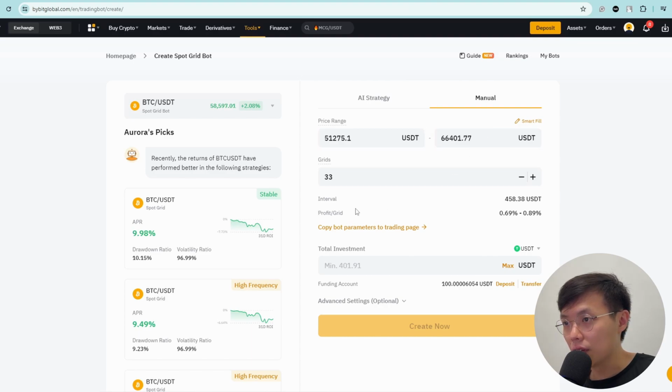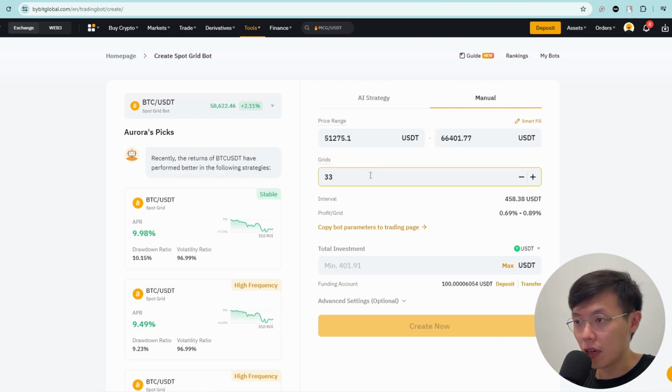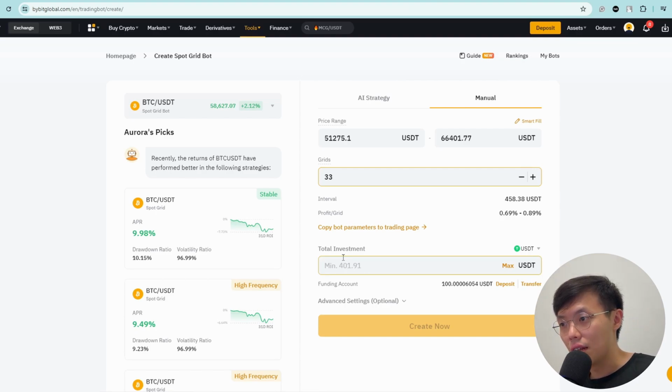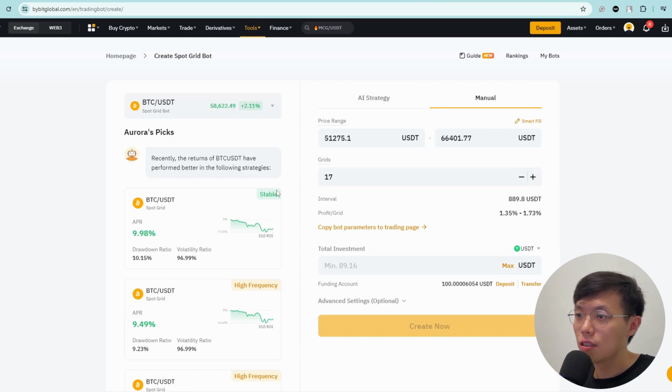And then we have the intervals and then the grid. So let's say I have, okay, how much? There's a minimum of 400, and right now I don't really have 400, so I can't really open this. So with 17 grids, I can actually use my minimum funding account.